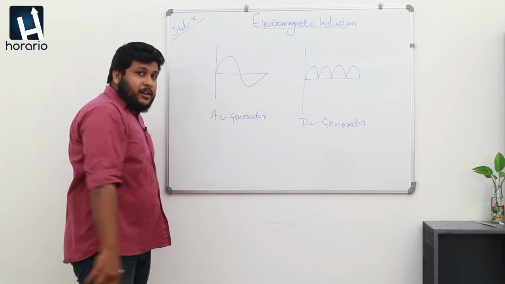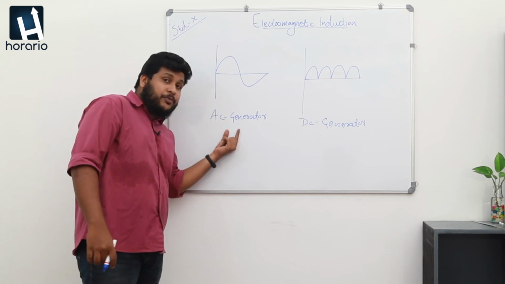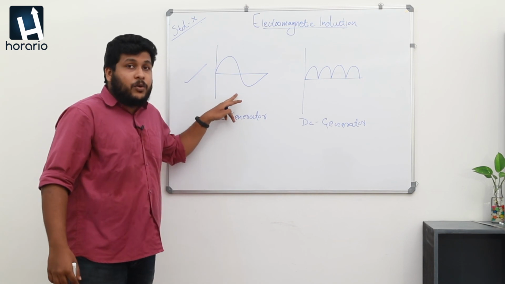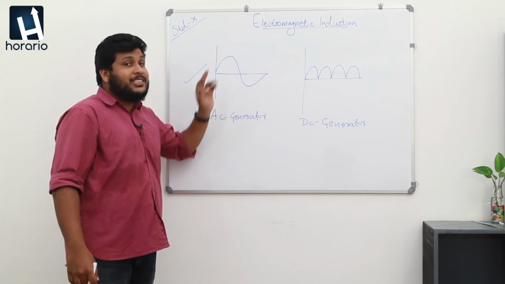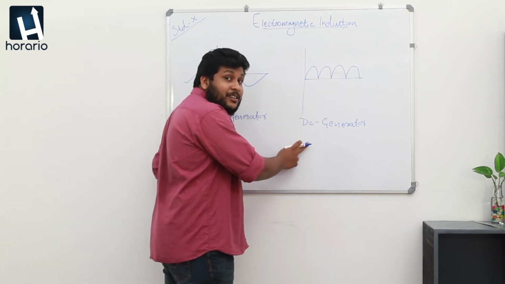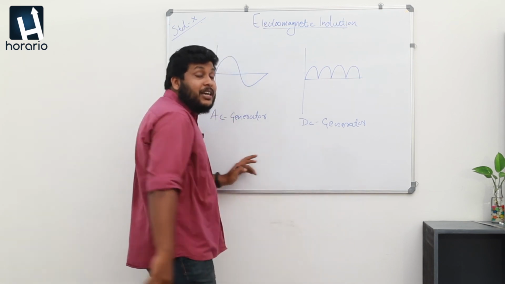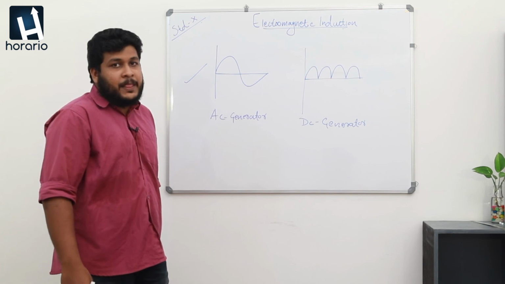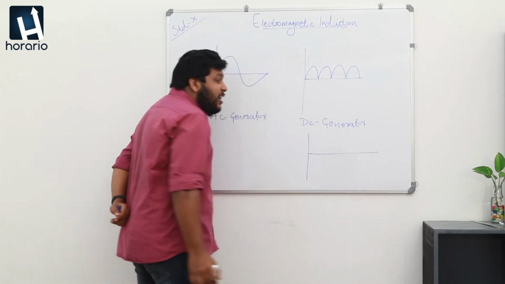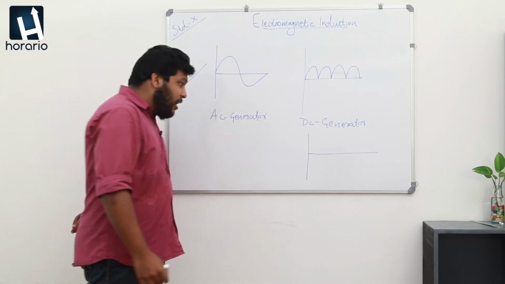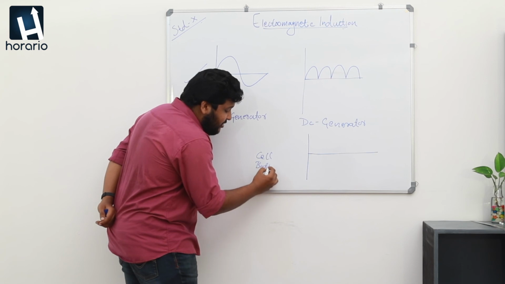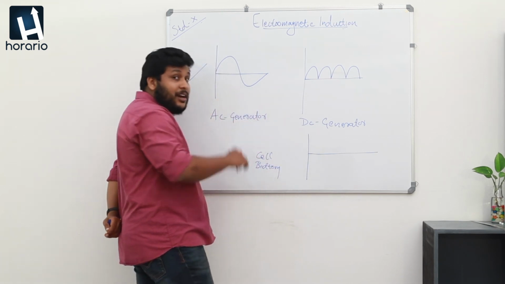The output current produced by the AC generator can always be explained or drawn with the help of this graph. And this graph shows the output current form from a DC generator. One other example for DC current is that a cell or a battery is a perfect example of DC current.